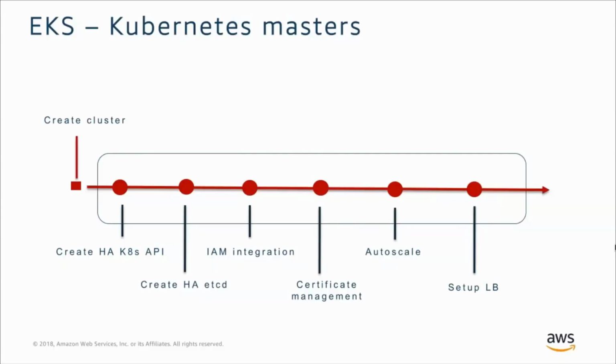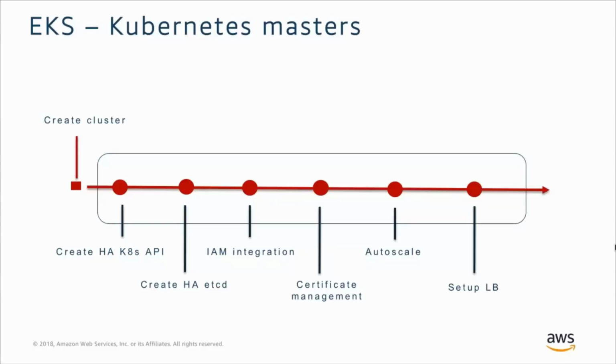So underneath, when you go and provision that cluster, these are the steps that happen on the control plane. We go ahead and create a highly available Kubernetes API. That's what you saw earlier in terms of architecture. We spin up 3 API servers in 3 different availability zones.